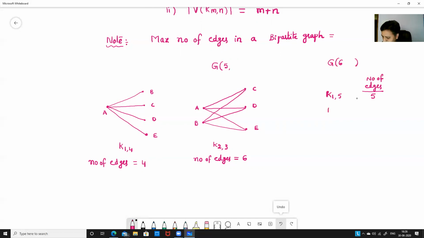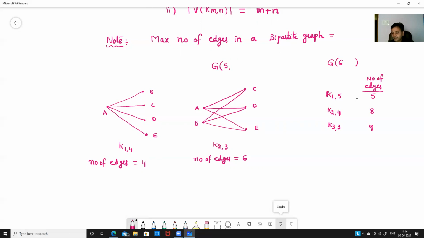Or else I can take 2 vertices on the left side and 4 vertices on the right side, so the number of edges is 2 into 4, 8 edges. Or I can take 3 vertices on one side and 3 vertices on the other side. The number of edges is 3 into 3, because the number of edges in a complete bipartite graph is m into n, right? 3 into 3, 9. These are the only possibilities we are having.